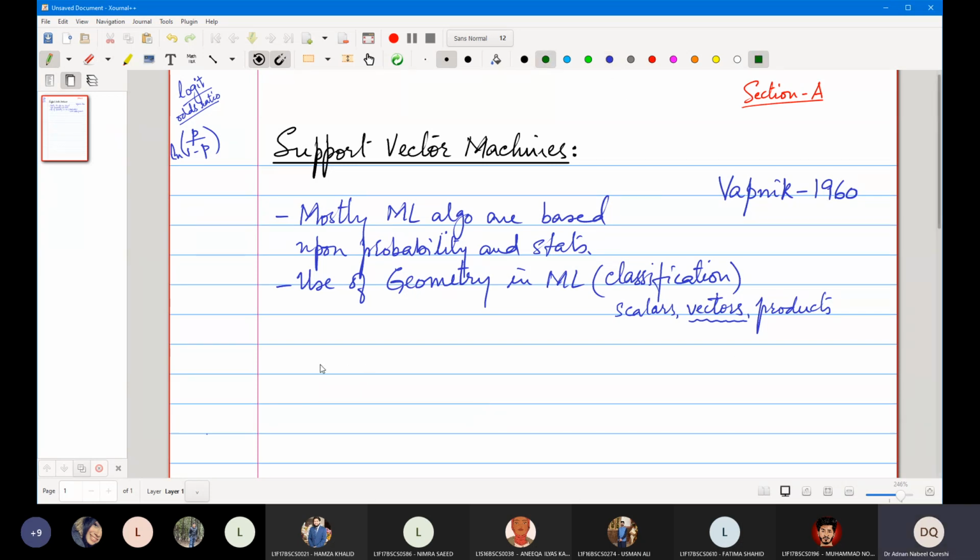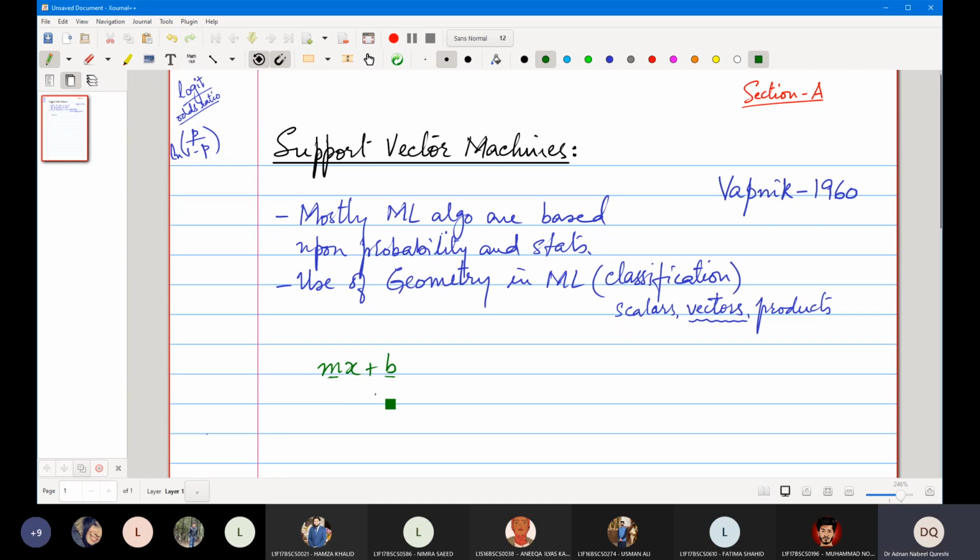We have been using your favorite mx plus b equation, and the result of this can either be linear regression. If the logistic function is applied on this, it will become logistic regression. If you have multiple such things, you can have the neural network, and so on. There is only one coefficient here when x is just one feature.